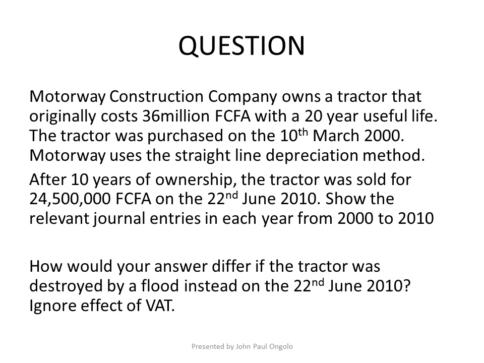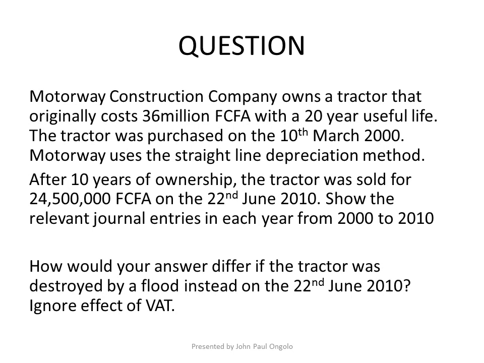So, if you notice, this question has different phases or different steps. First, there was a purchase of a tractor on the 10th of March 2000, and then there's the depreciation of that tractor each year until the 22nd of June 2010, when the tractor was disposed of or sold.